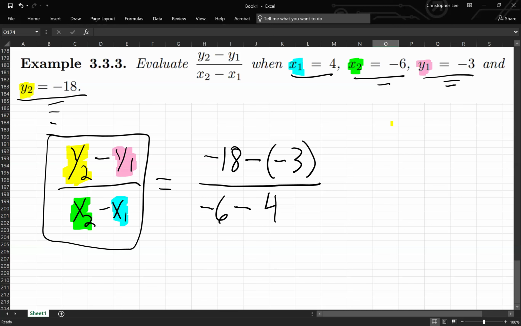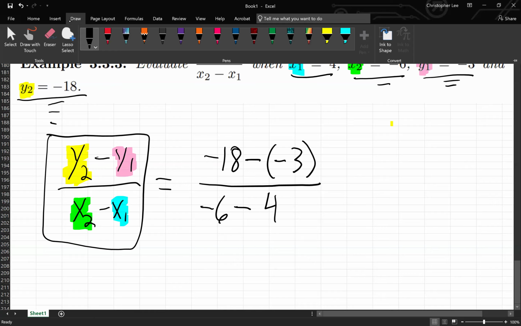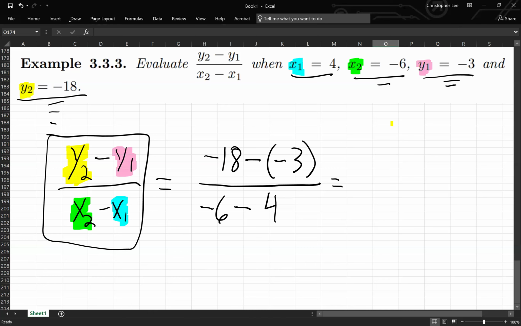So let's finish this real quick, then I'll do another one. I just want to do the math on this. It's giving you the formula right there, and it's telling you Y2 minus Y1 over X2 minus X1.